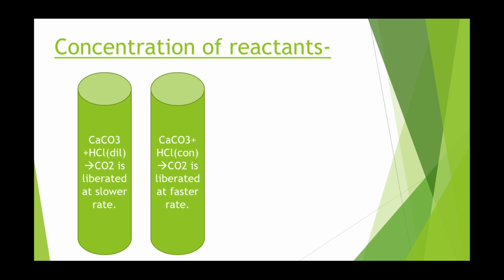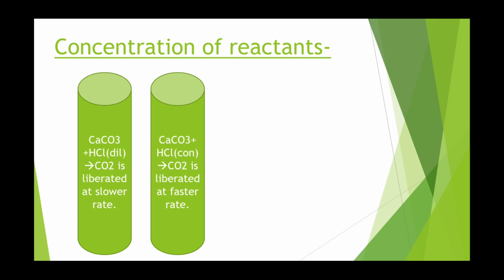Dilute hydrochloric acid reacts slowly with calcium carbonate, and calcium carbonate disappears slowly. Carbon dioxide is also liberated slowly. On the other hand, the reaction with concentrated hydrochloric acid takes place rapidly, and calcium carbonate disappears fast.